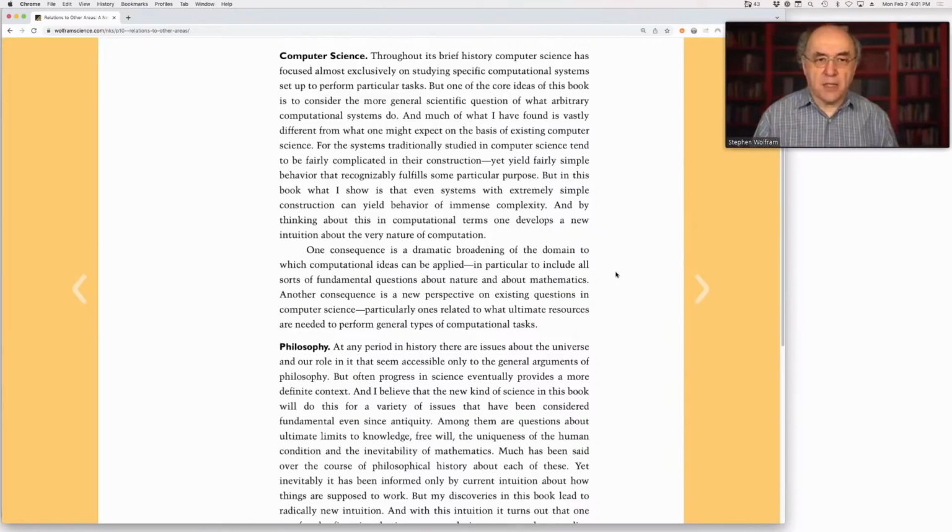NKS is not computer science. Ruliology is not computer science. Ruliology is the natural science of computer science, which is not the same thing as the engineering science of computer science.